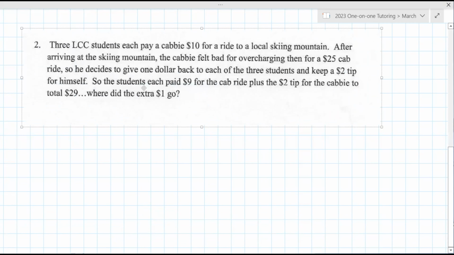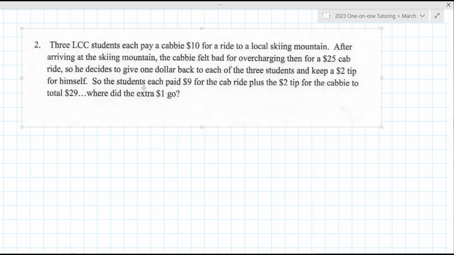After arriving at the mountain, the cabbie felt bad overcharging them for a $25 cab ride. So he decides to give $1 back to each of the 3 students, keep a $2 tip for himself. So the students each paid $9 for the cab ride plus $2 tip for the cabbie, total of $29. Where did the extra $1 go?